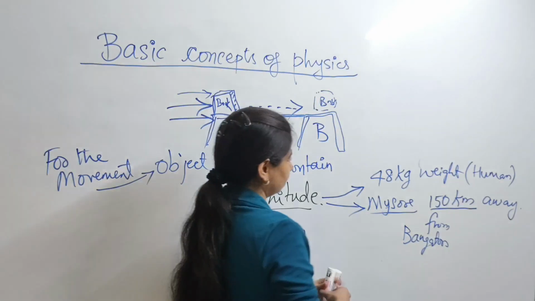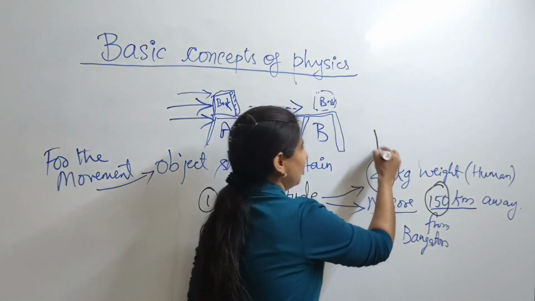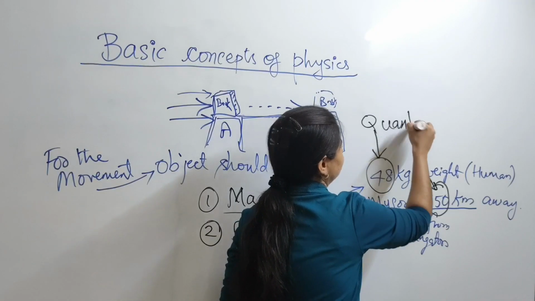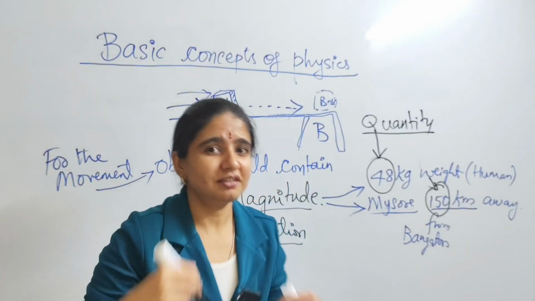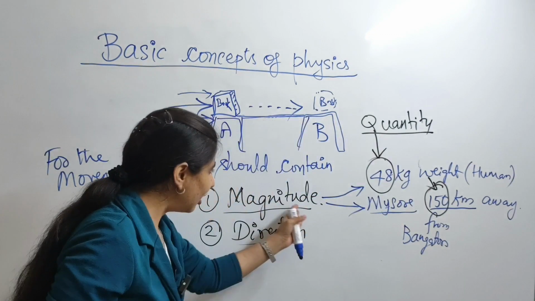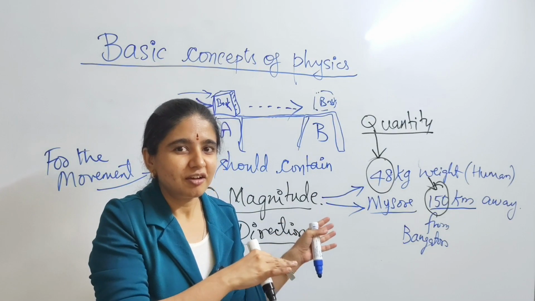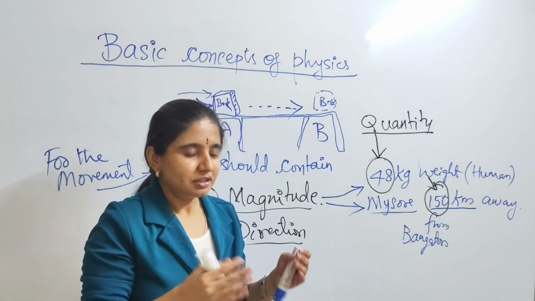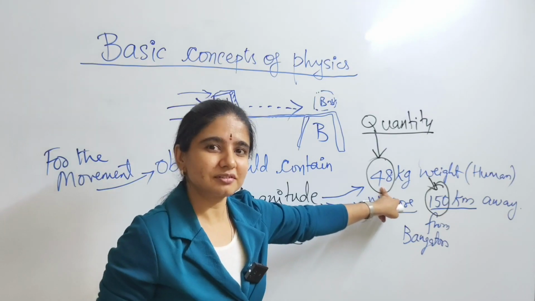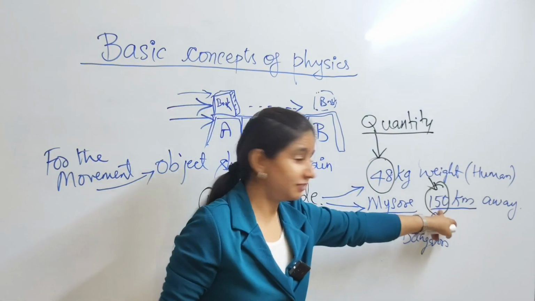What are these things, 48 and 150? This is a quantity, right? This is a quantity of me, and this is a quantity of distance. So magnitude is a quantity or heaviness, a measure. For example, my quantity is 48. That is my magnitude. And the distance from Bangalore to Mysore is 150 kilometers.